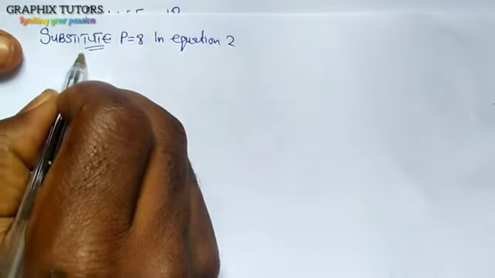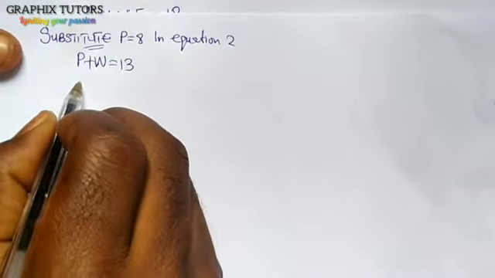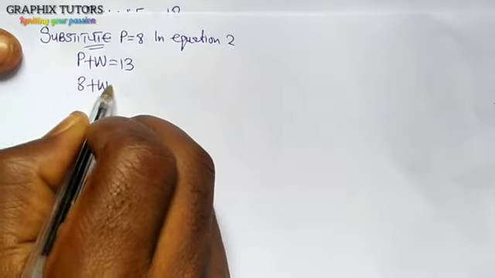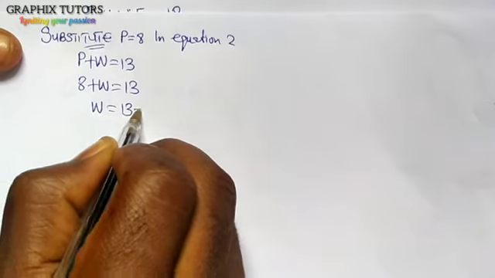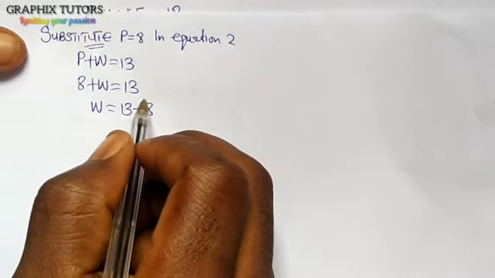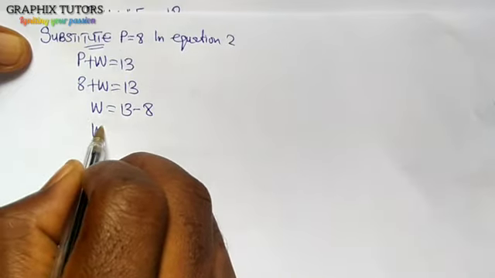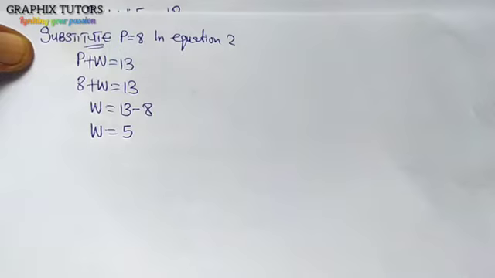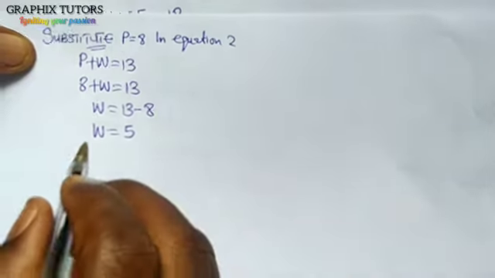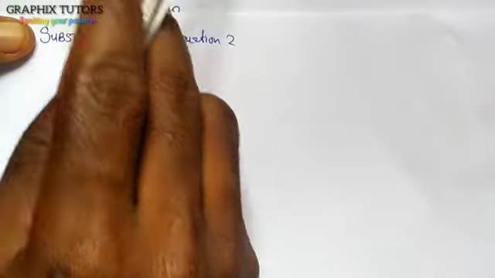So 8 plus w is equal to 13. So w will give me 13 minus 8, which means that my w is equal to 5. Similarly, substitute w equals to 5 into equation 1.